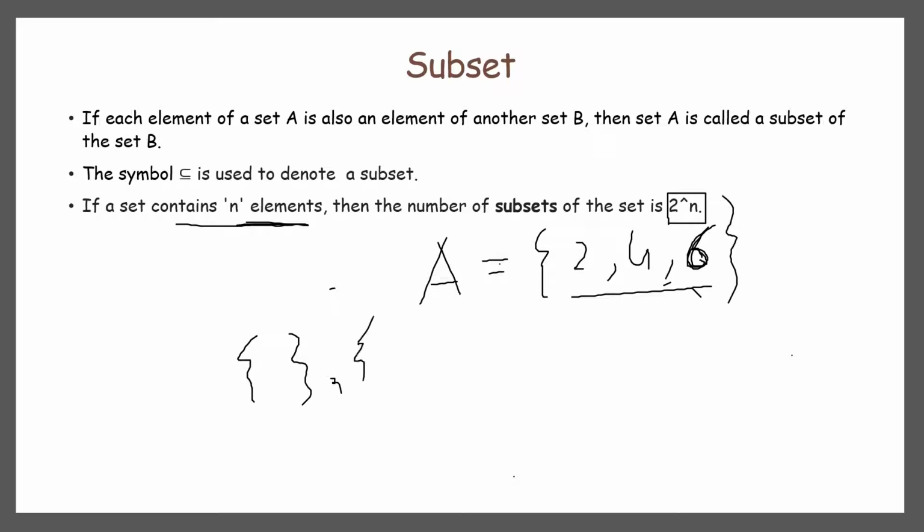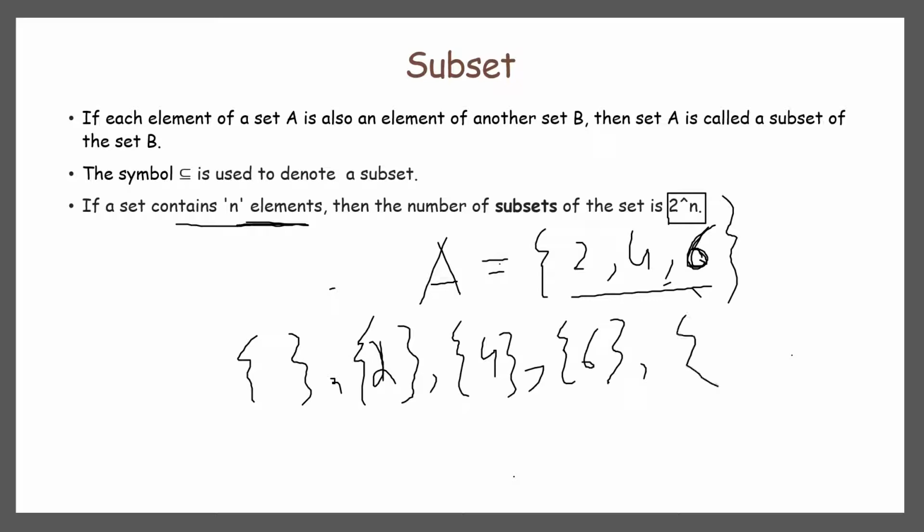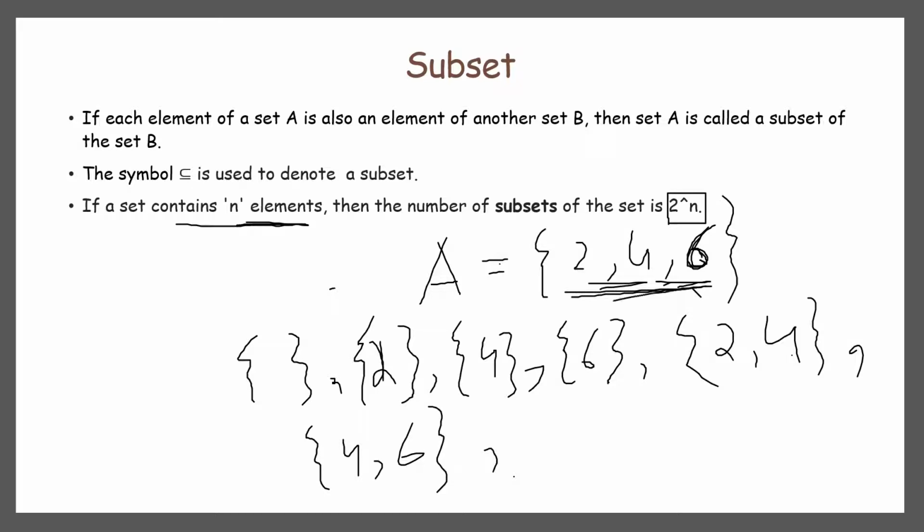The second will be {2}, then {4}, then {6}, then we can combine these two in one set, {2, 4}, then these two, {4, 6}, and then all 3 in one set, because each set is a subset of itself.